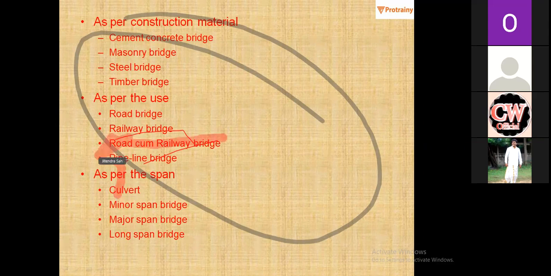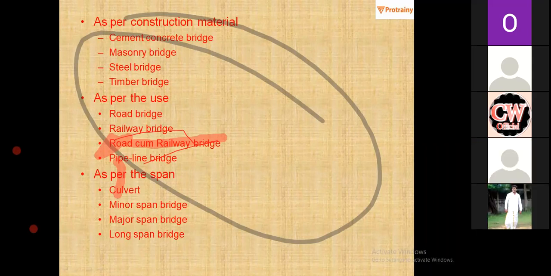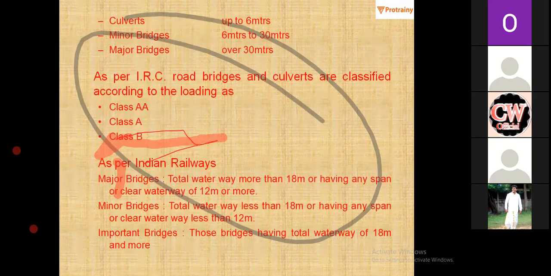Then comes as per the span. There is culvert, minor span bridge, major span bridge, and long span bridge. So what exactly is a culvert? If the span of your bridge is up to 6 meters, then it comes under the category of culvert.